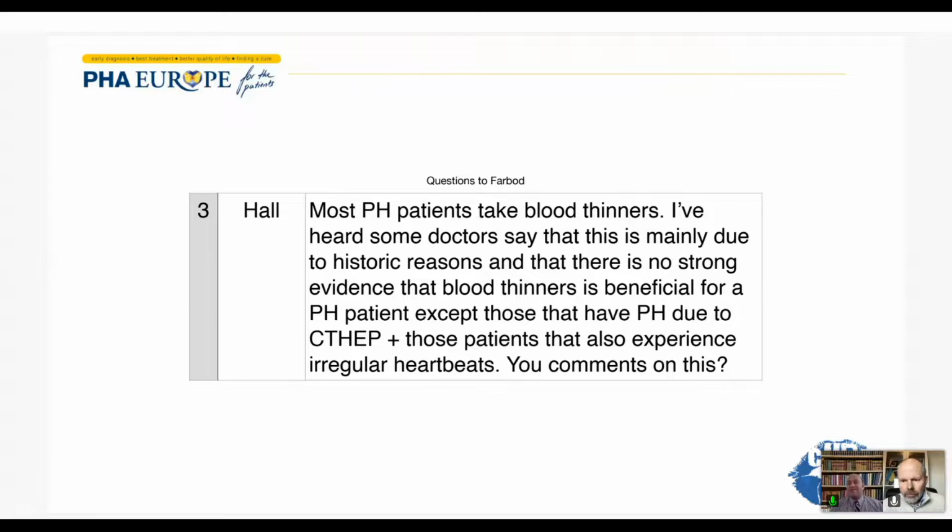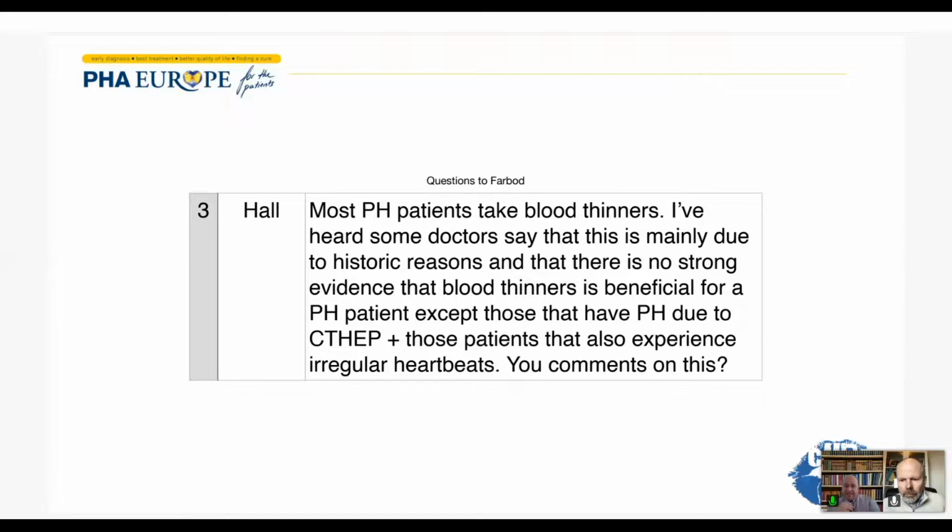Coumadin was a standard of treatment, and the idea being that there may be, and this someone, one of the audience has asked this question, maybe it's even you, later on about the overlap between PAH and CTEPH. But the idea was and is that maybe there's microclots being formed in patients with PAH, and that Coumadin could prevent those microclots from happening. There's not a lot of data to suggest that that's true.